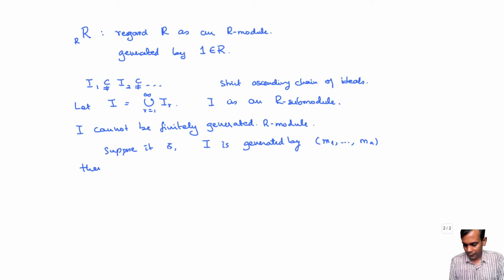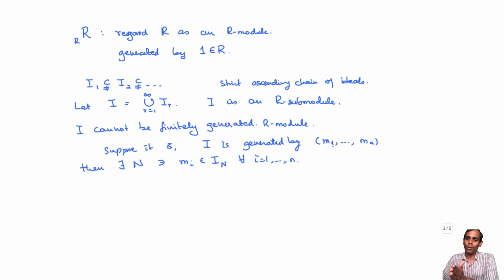Then there exists a large number capital N such that mi belongs to In for all i equals 1 to n, because each mi belongs to some Ir, and then it belongs to all the Is for s greater than r.